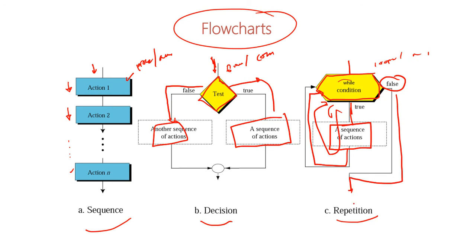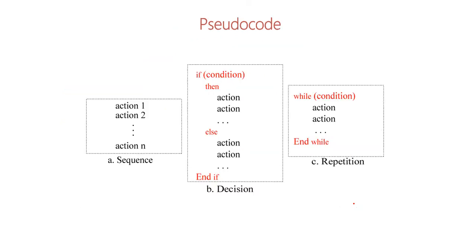Another way to explain our algorithm to other people is using pseudocode. Pseudocode is something that looks like code, but it's not really code. This is the pseudocode for the sequence: action 1 finishes, and then action 2, action 3, just like a sequence of processes or action names.